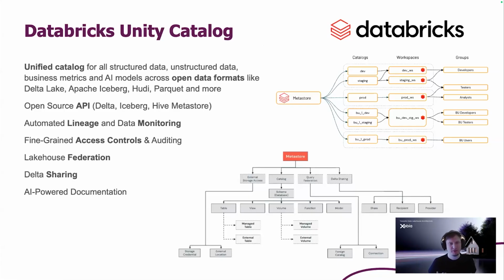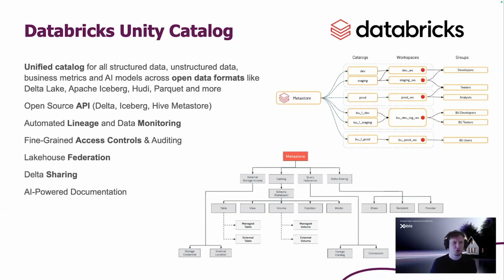I hope that you are familiar with this company because it is responsible for creating really popular data technologies, Apache Spark, MLflow, and of course Delta Lake, which is used as a data table format in many lakehouse platforms. This company also created their own data platform available to use on AWS, GCP, and Azure. And the heart of this platform is Unity Catalog.